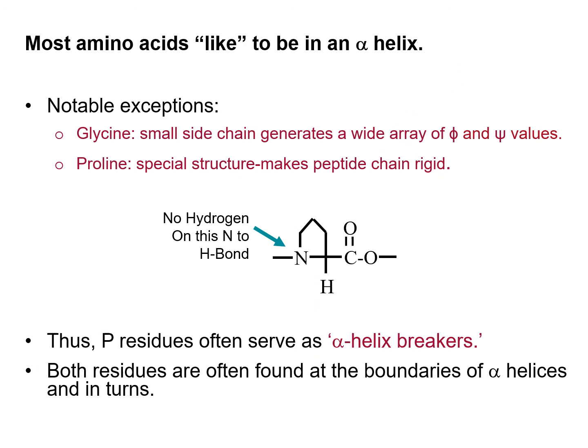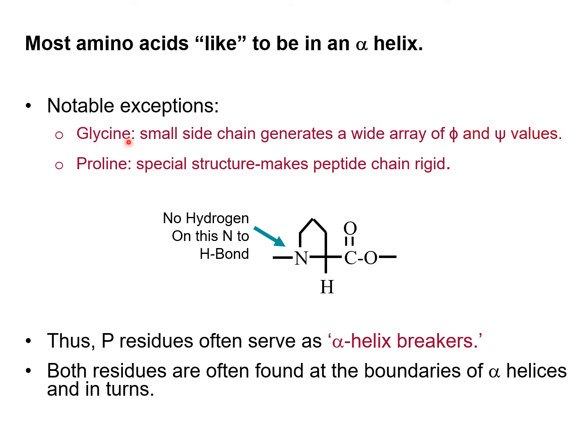Most amino acids like to be in an alpha helix because they have hydrogen atoms as well as oxygen atoms within their backbone, so they tend to form hydrogen bonds, and the side chains can interact with each other through other weak interactions to form this alpha helix. But there are notable exceptions.